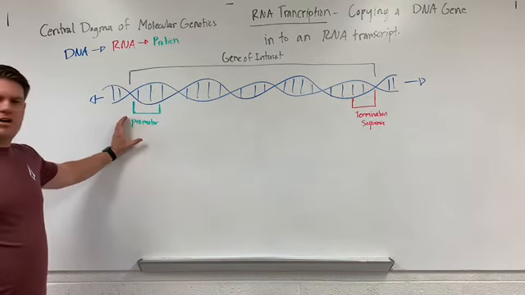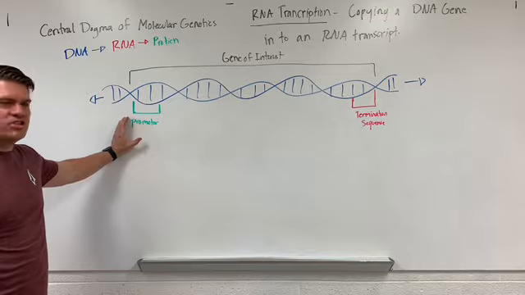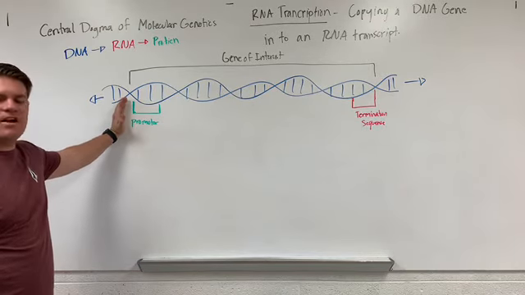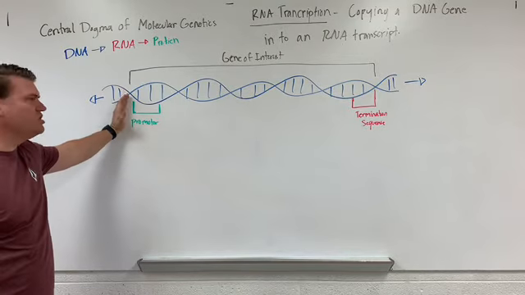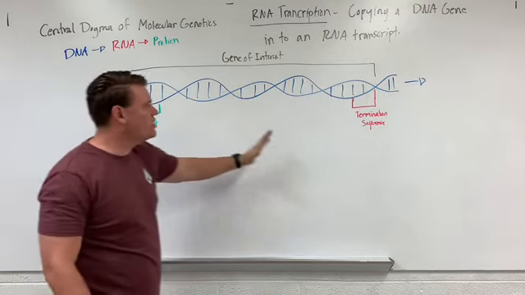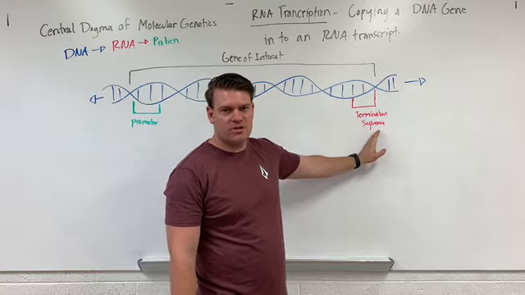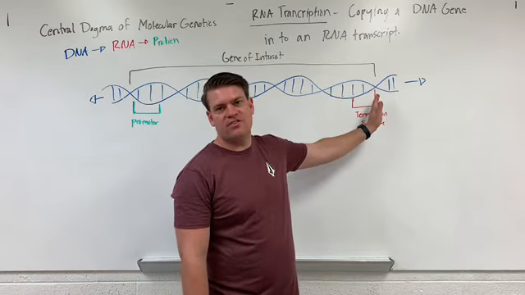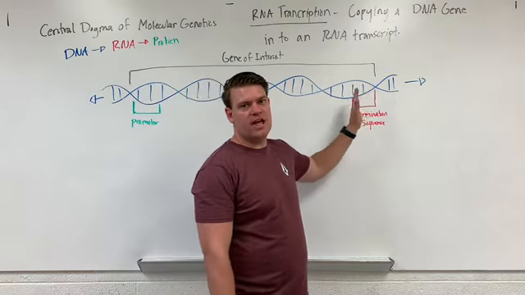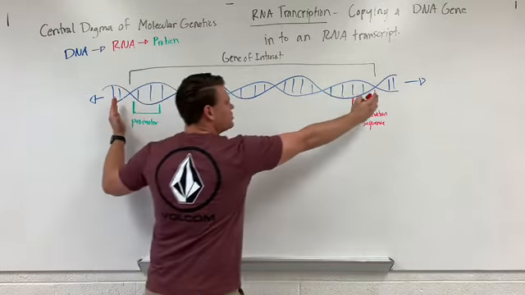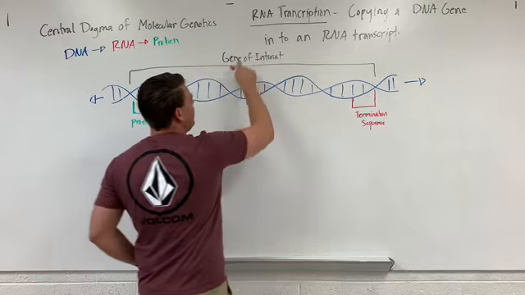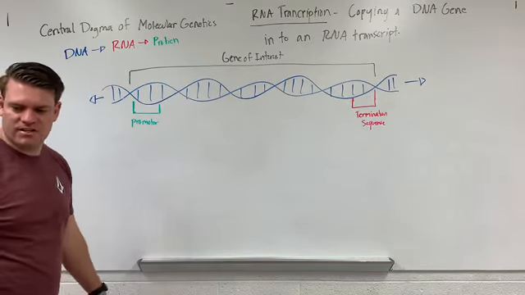So our promoter tells our machines, hey, this is the very first part of our gene. This is where our gene starts. And then our termination sequence tells our machines, hey, this is the end of the gene. This is where the gene ends. And so we know from our promoter to our termination sequence is where we find our gene of interest.